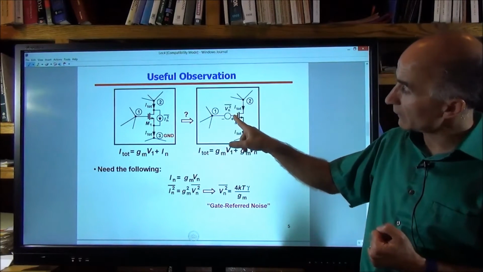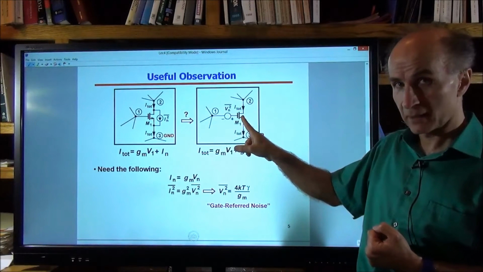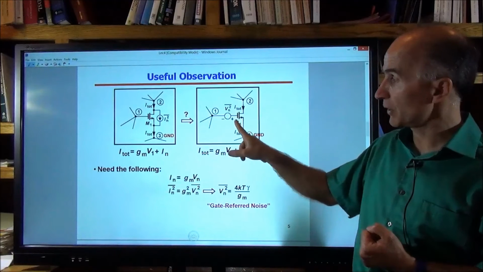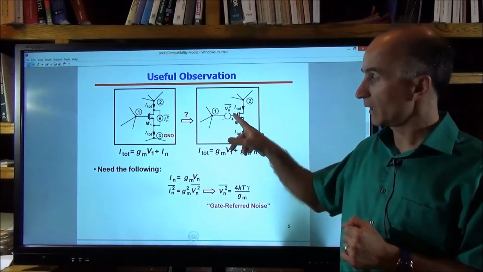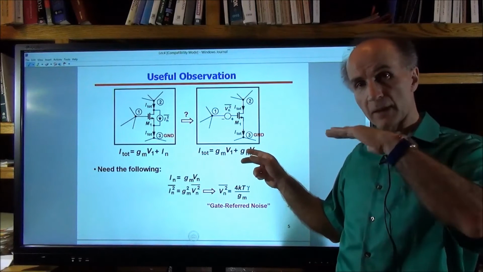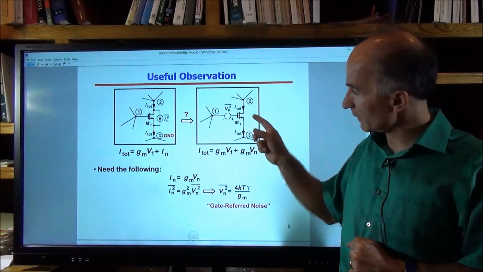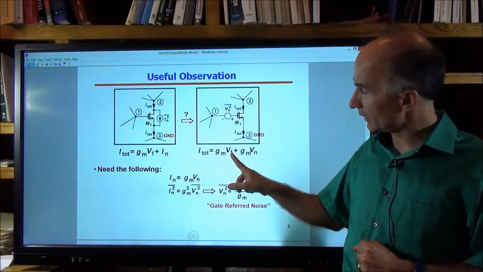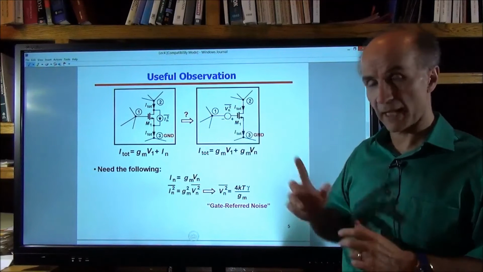So the gate voltage is equal to V1 plus Vn. And that gets multiplied by Gm to produce this current. Again, we don't have to subtract V3 because node 3 is the reference point for all of our voltages. So the total current that we measure here is GmV1 plus GmVn, because the voltage here is V1 plus Vn.